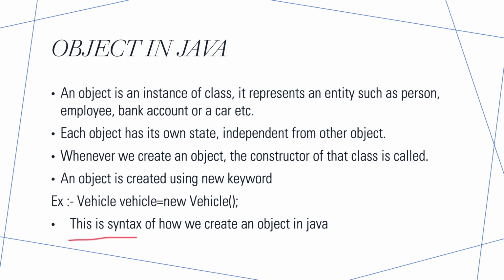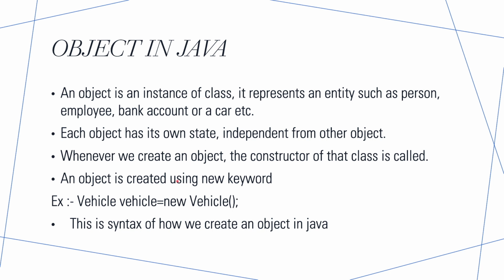This is the syntax of how we create an object in Java. We need to create an object using the new keyword, and whatever constructor we are calling, we need to write this statement according to that. So this is how we create an object and what an object is in Java. We will understand this more in the practical.